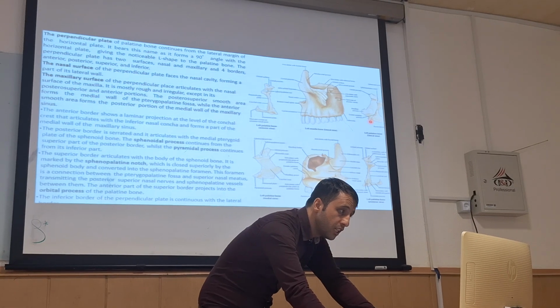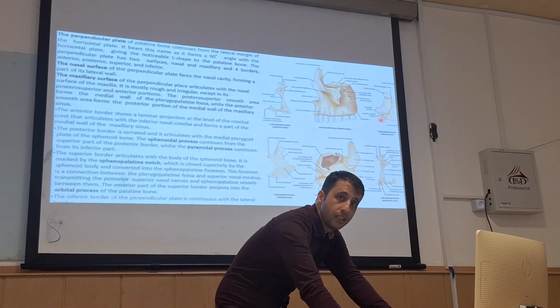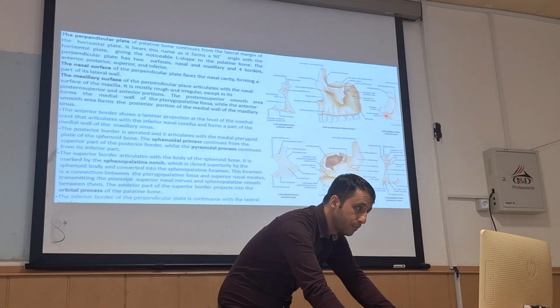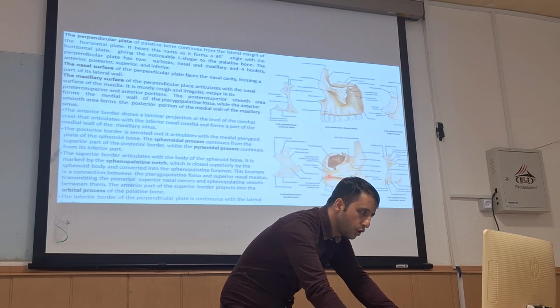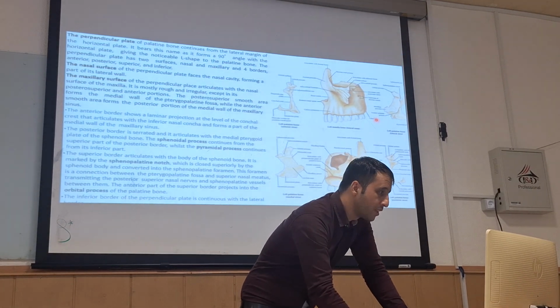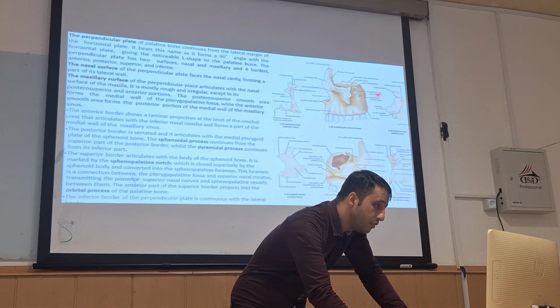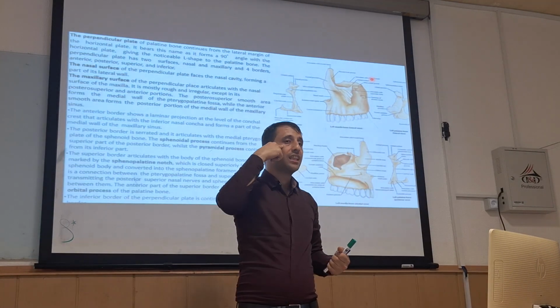The lateral surface contains a groove. This was the greater palatine groove. The greater palatine groove connects to the greater palatine groove of the maxilla and makes the greater palatine foramen. The superior opening of the greater palatine foramen is the pterygopalatine fossa.